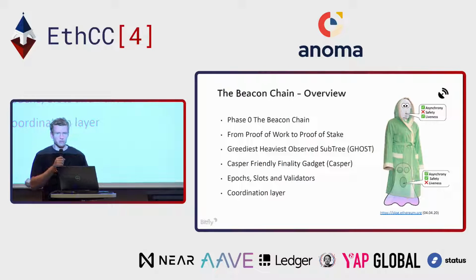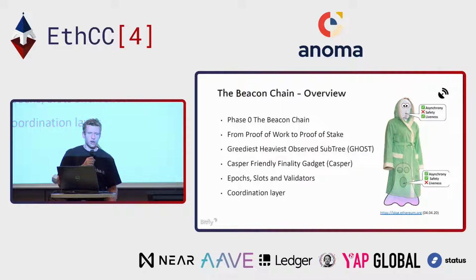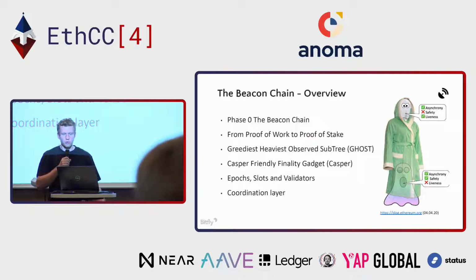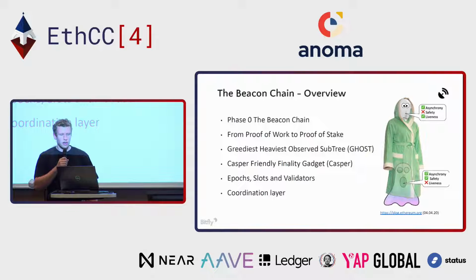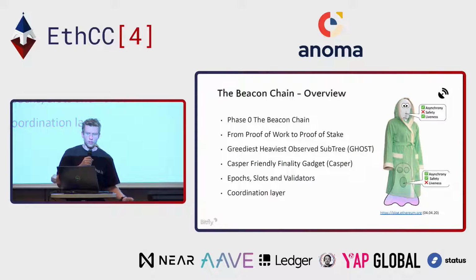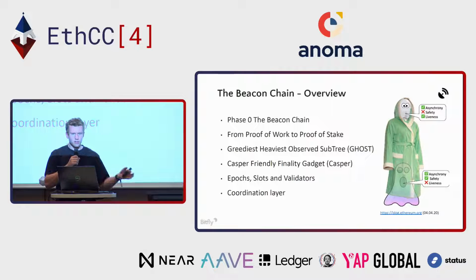Next, I'm going to give just a brief overview of the beacon chain. So we've worked on this explorer to represent phase 0 of the beacon chain, and that's basically the first step from proof of work to proof of stake. And it uses the greediest heaviest observed subtree, GHOST, algorithm to quickly create new information, so it has liveness.